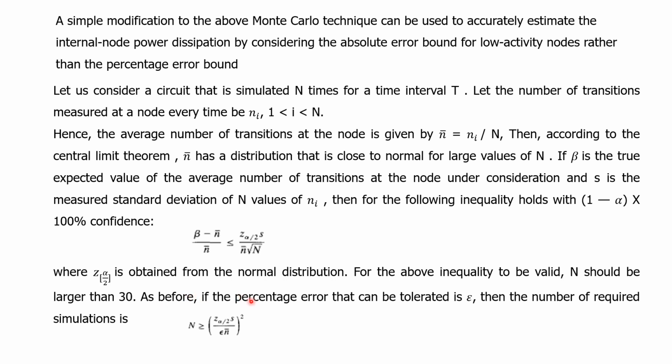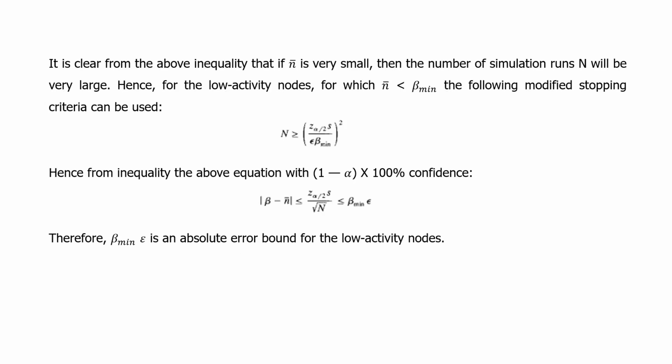As before, if the percentage error tolerated is epsilon, then the number of required simulations is N greater than or equal to z alpha by 2 S divided by epsilon n bar, the whole squared. It is clear from the above inequality that if n bar is very small, then the number of simulation runs N will be very large.